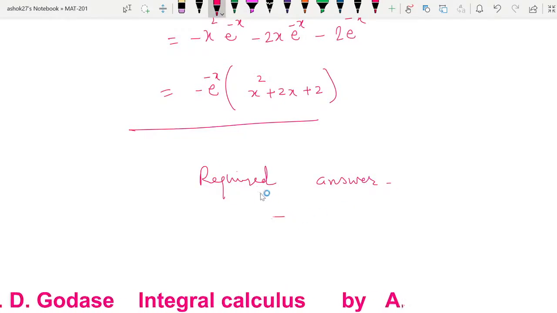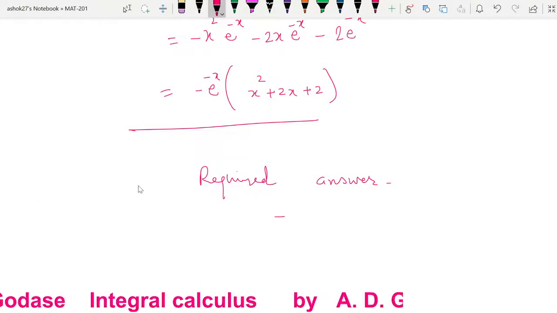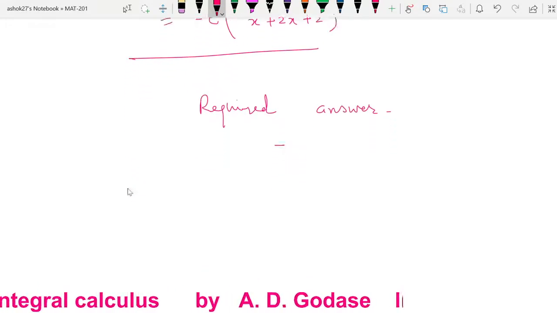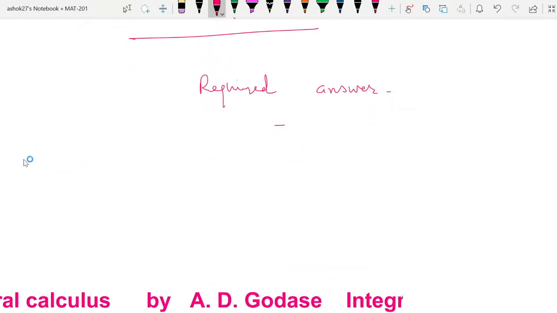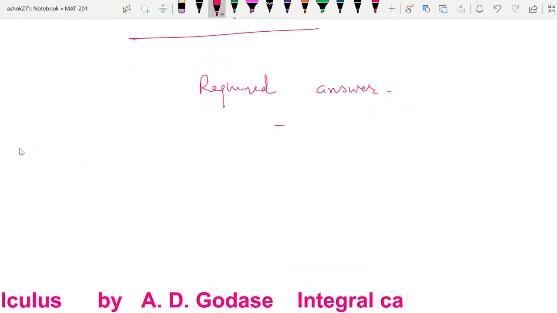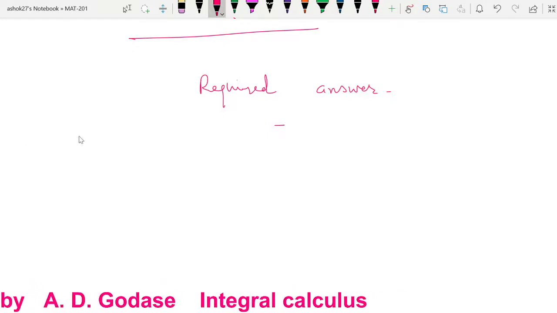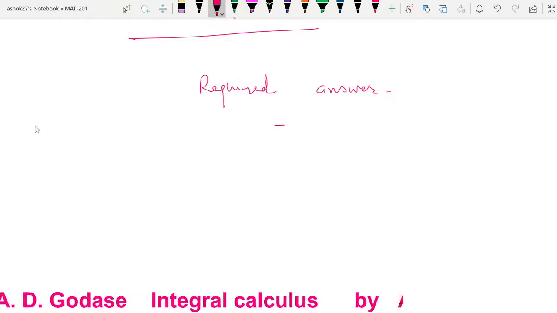So very simple, you can solve different examples using this reduction formula. I will give some homework on this reduction formula, so you can solve these examples at home and you can send pics of the solutions of these problems.